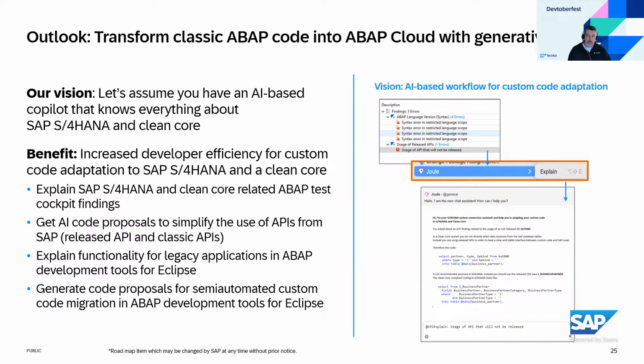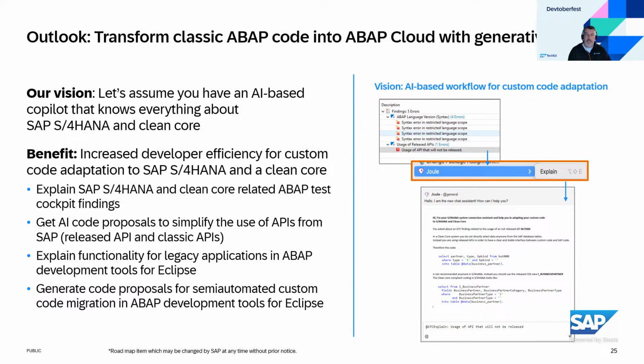And this is all integrated with all the ABAP Joule capabilities in ADT. So also, for example, the explain functionality or other things that you may see in the AI sessions for ABAP here in Devtoberfest, where you get code completions and code proposals during development. And this will overall really help in your integration or migration projects concerning Clean Core.